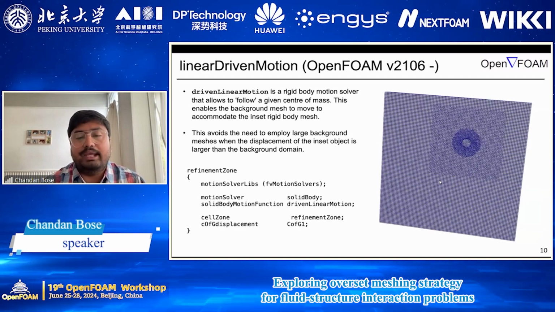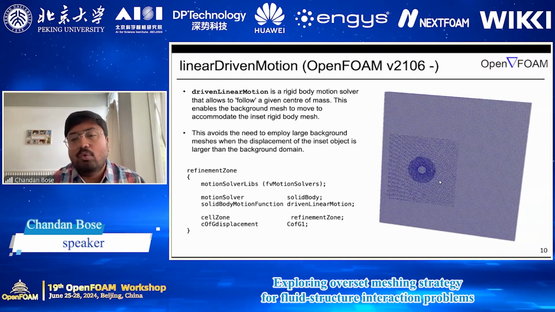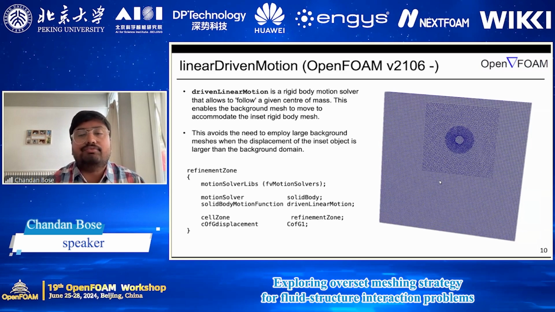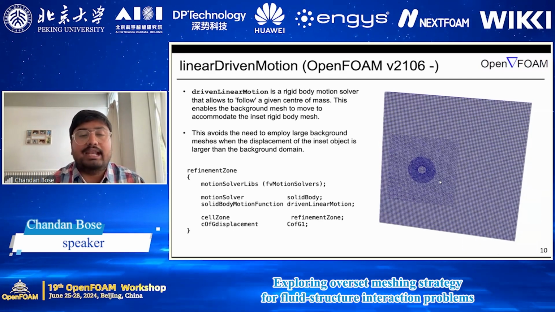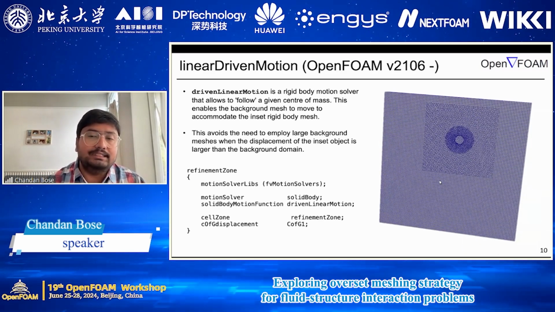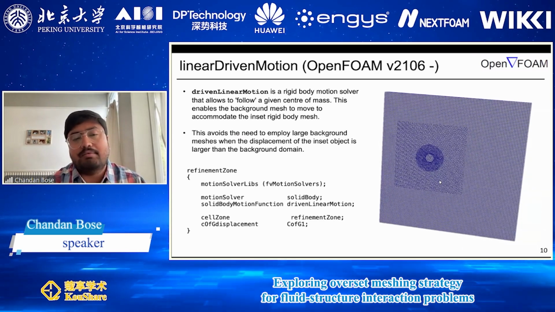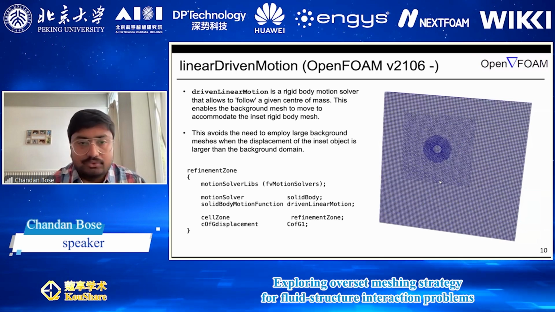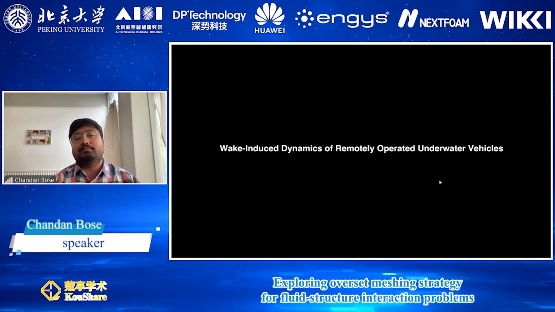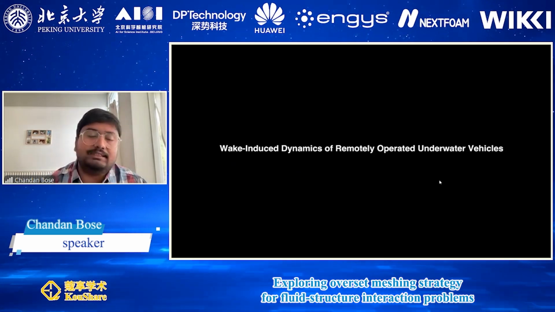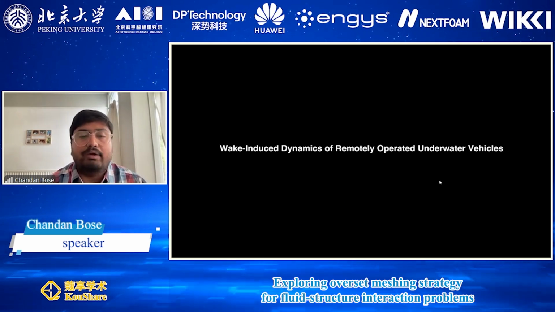In this way, and I will discuss why we need it, we do not need a very fine background mesh. Instead, we can move the refinement region itself, within which we desire a better resolution of our solution.